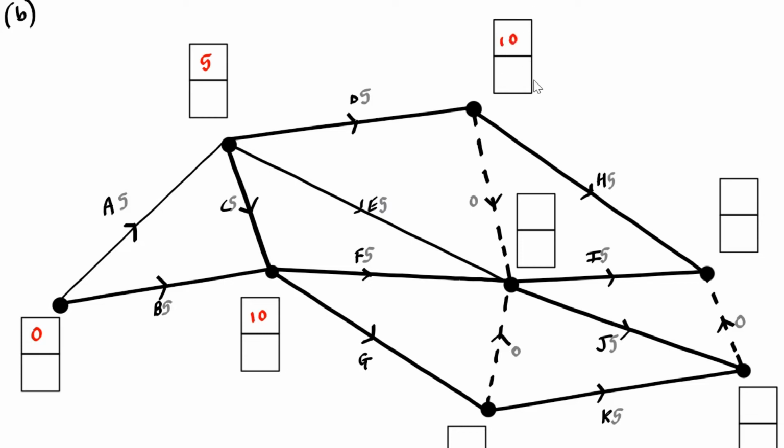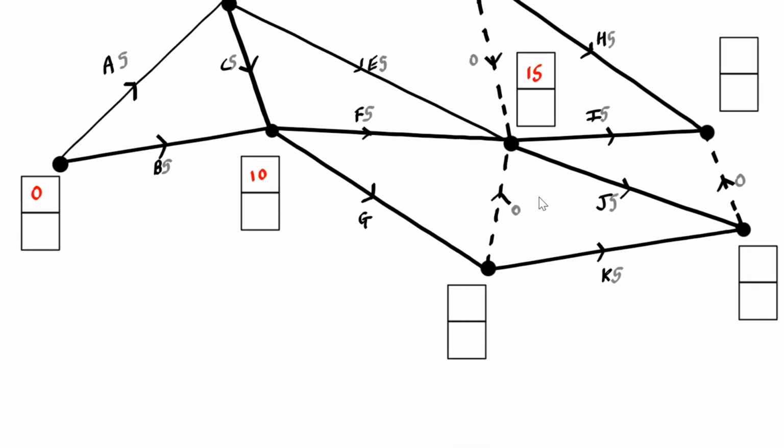Okay? And then here we have 5 plus 5, which is 10. So let's continue. So what else do we have? We've got this 10 plus 5, which is 15. The bigger number is 15, we put this in. Okay? Hopefully, so far, all this is making sense.